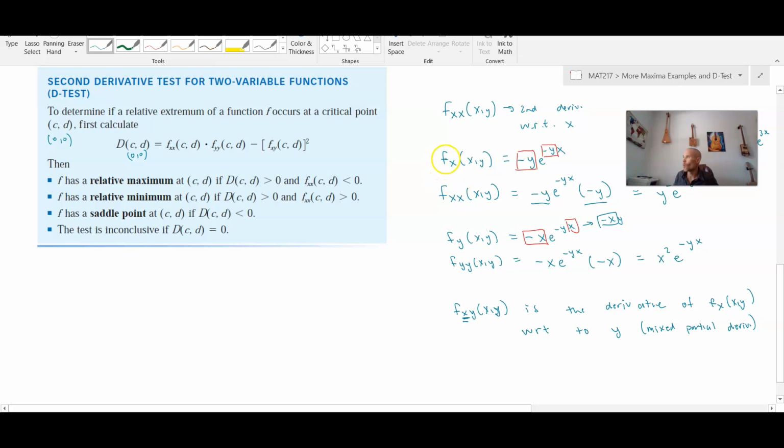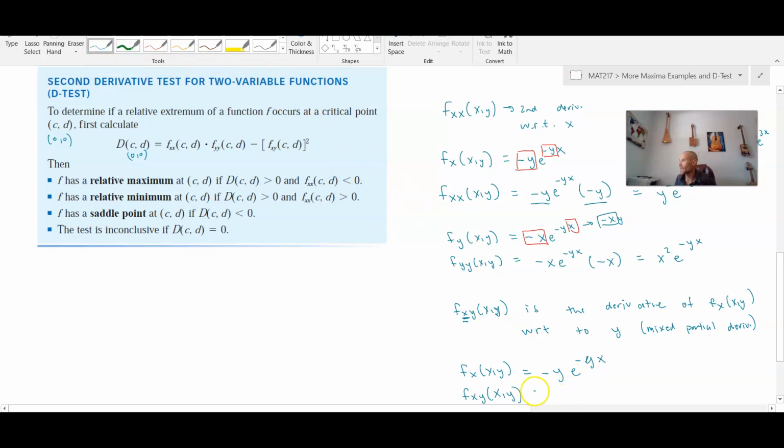So what are we going to do? Well, we're going to take our f sub x at x comma y, which is equal to negative y e to the negative yx. And now we have to take its derivative with respect to y. Okay, well that means that now I have a product of two factors involving y.